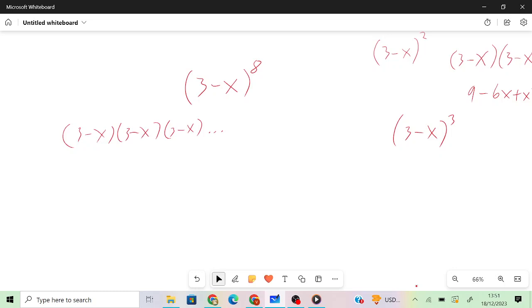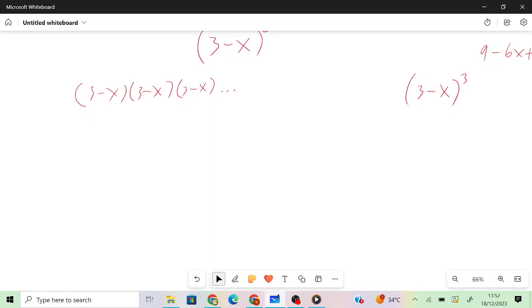Really, that's the thing, time. So they came up with something called binomial expansion, which uses a certain formula to help expand brackets or terms that are to a very significantly high power, such as in this example 8.